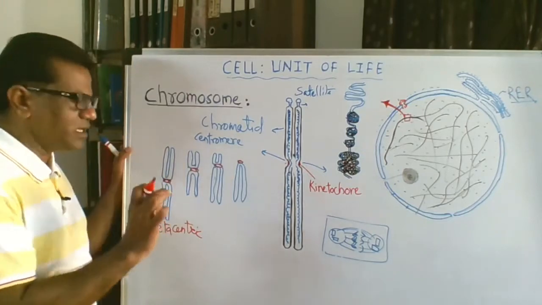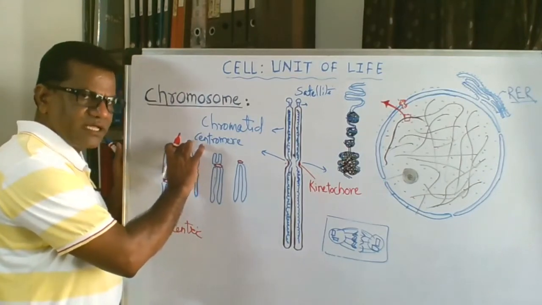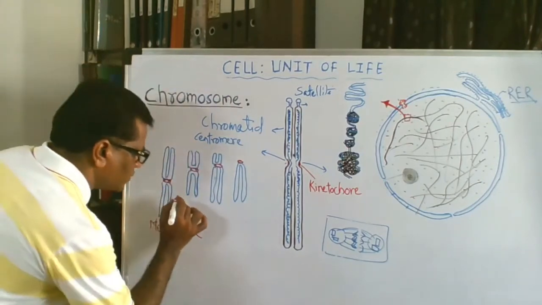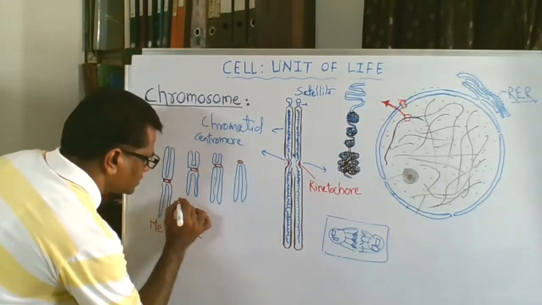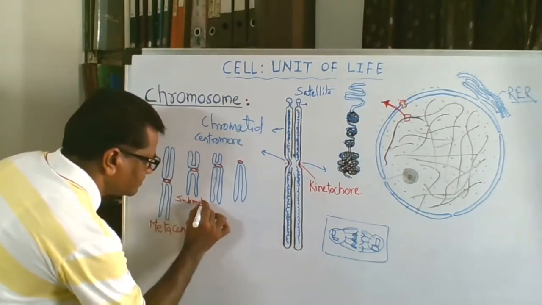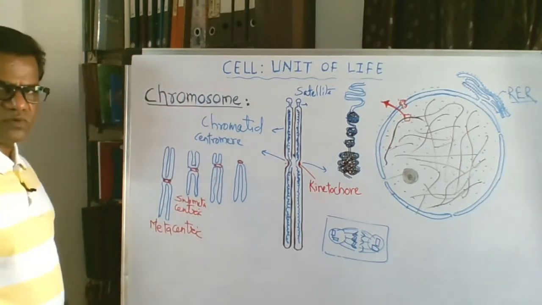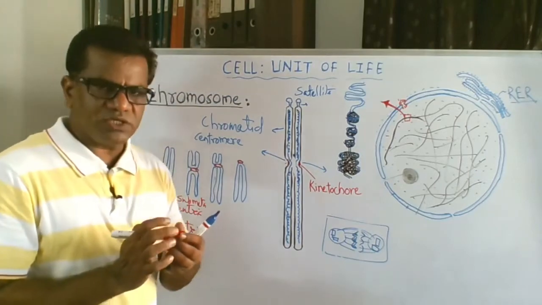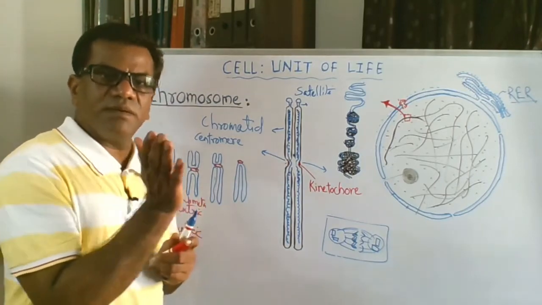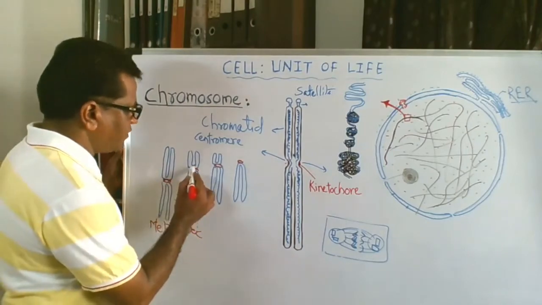A slight difference is there. If it is 5 centimeters, then it is 3 centimeters, like that. This type of chromosome is called submetacentric chromosome, in which the centromere is not exactly at the center, slightly away from the center.